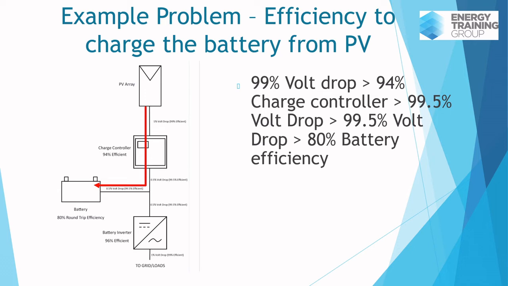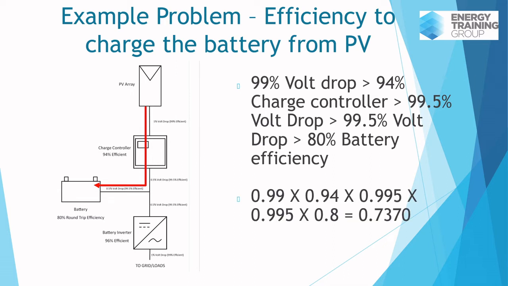We've got two sections at 0.5% volt drop or 99.5% efficient, and our battery is 80% efficient. To combine all those efficiencies, we multiply them together, 0.99 times 0.94 times 0.995 times 0.995 times 0.8, and we get 0.737 or 73.7% efficient.